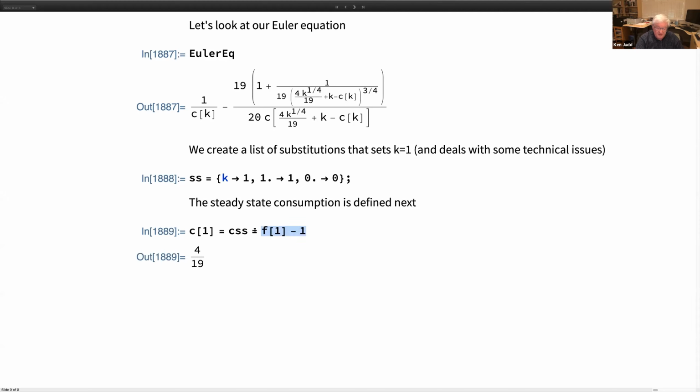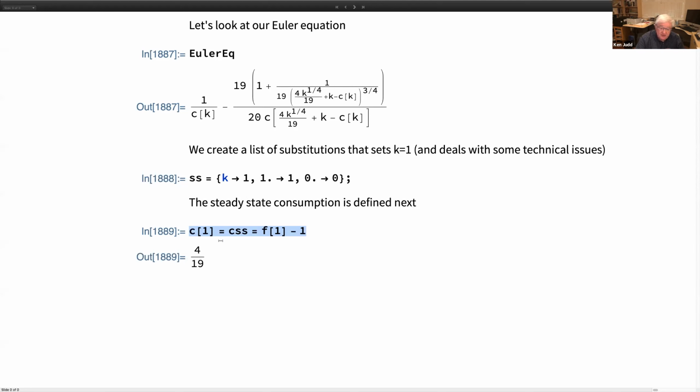And now, first of all, I'm going to try to build up the consumption function. What do I know? I know the consumption function at K equals 1 because that's the steady state. And I know that the steady state consumption equals total output minus 1, which is the amount set aside to be capital stock tomorrow.